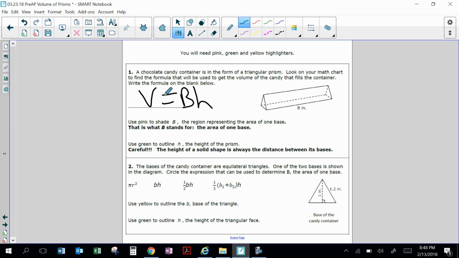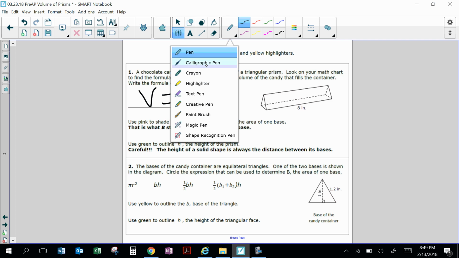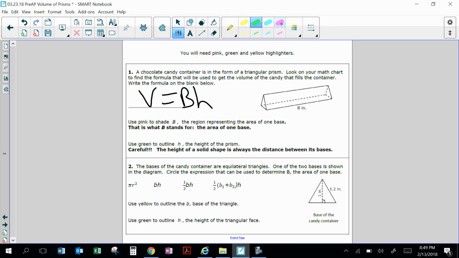Again, what makes these big letters? That means you need to multiply something to get it, and H you just substitute a number. Use pink to shade B, the region representing the area of one base. That is what big B stands for, the area of one base. Some of you will be tempted to highlight the bottom here, but this is actually laying flat.